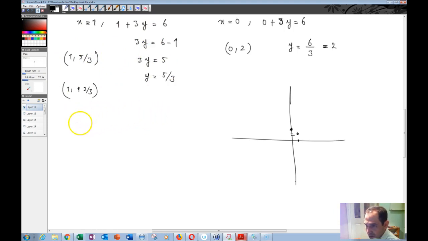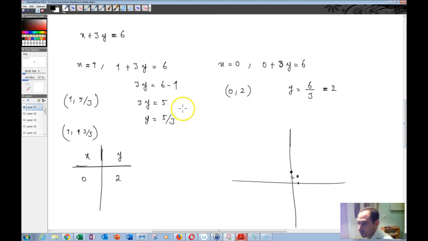But just for the sake of this discussion, what you would normally do is that you would try, for example, some x and y's. For example, x is equal to 0, y is equal to 2, or you set, for example, x is equal to 3, for example, and then y is equal to 1.